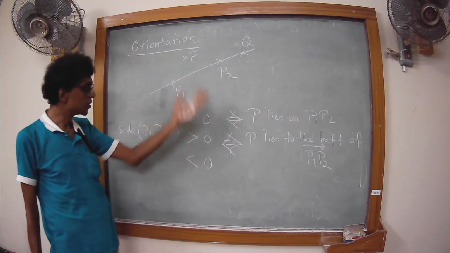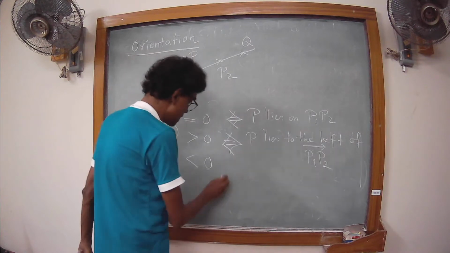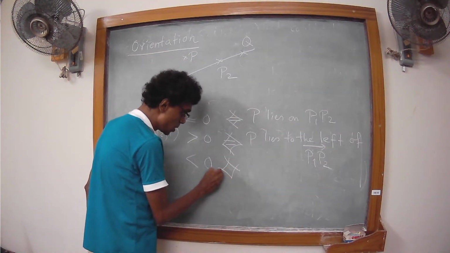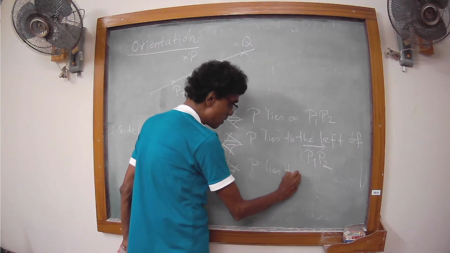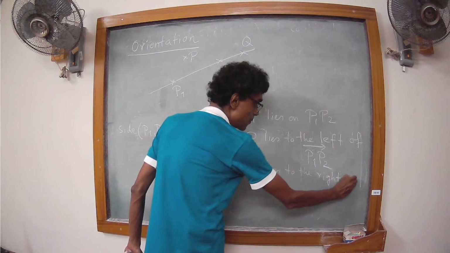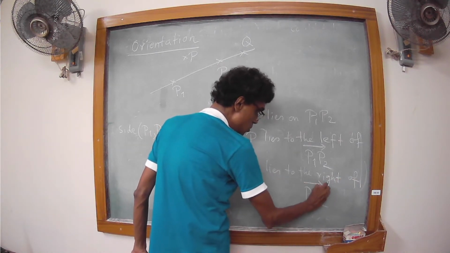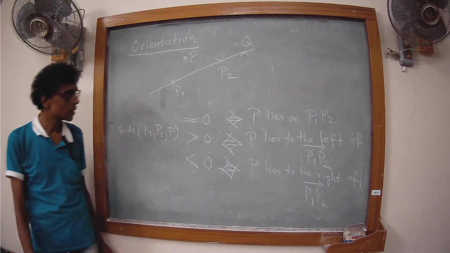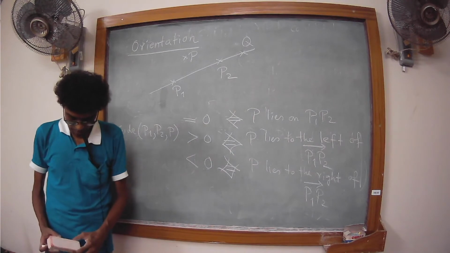If it is positive, then P lies to the left of this, and of course you understand, now P lies to the right of the oriented line from P1 to P2.